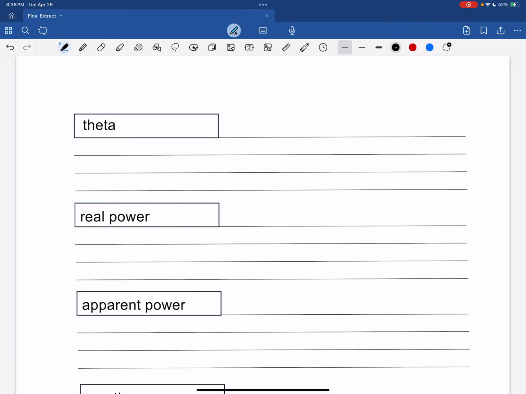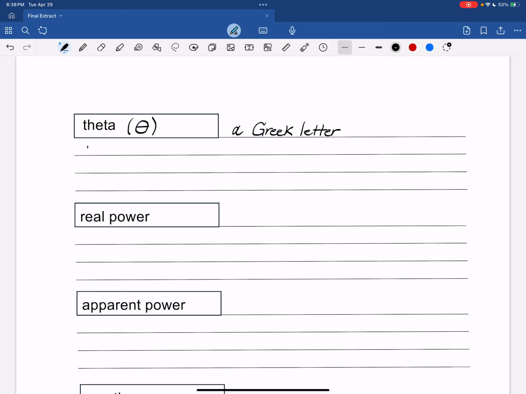Let's get this definition. Theta looks like a 0 with a line across it. It is a Greek letter. It's not constant. There's no value assigned to it. It can be anything.